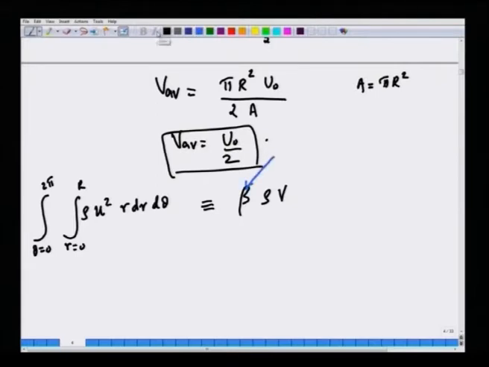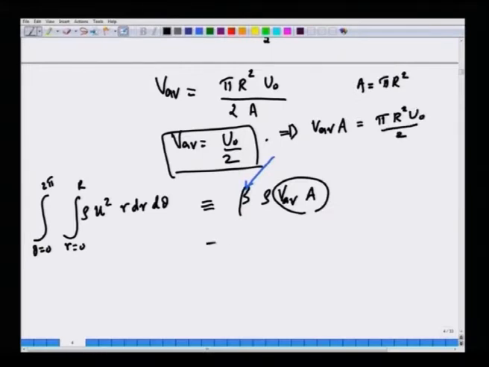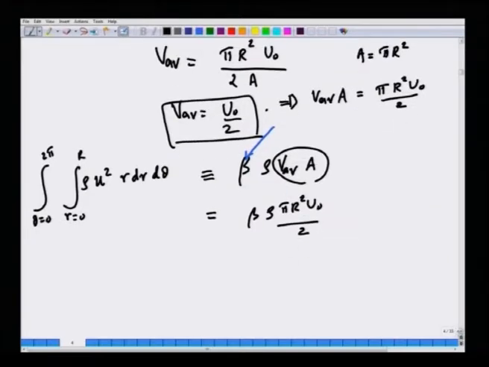To that end we are doing all these calculations. V average times A from this expression is nothing but pi R squared u naught divided by 2. So, you write this as beta rho pi R squared u naught by 2, and now we have to do this integral.